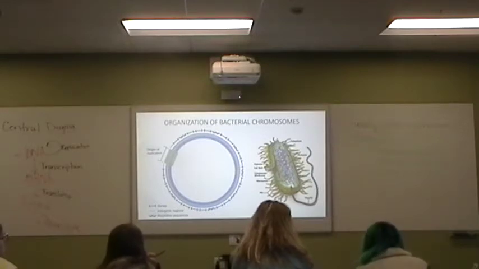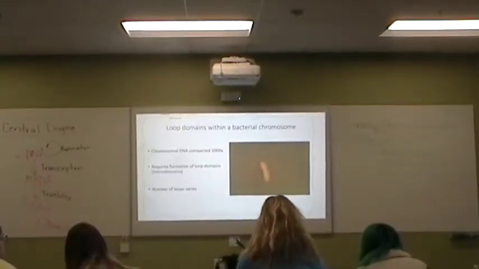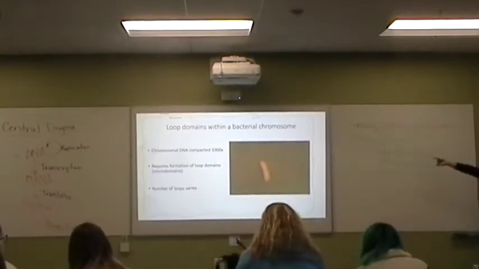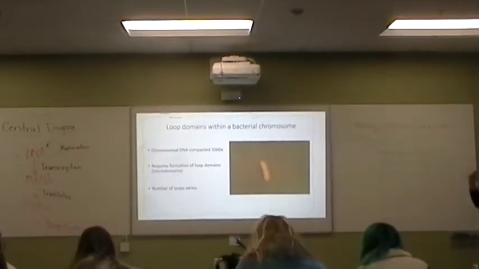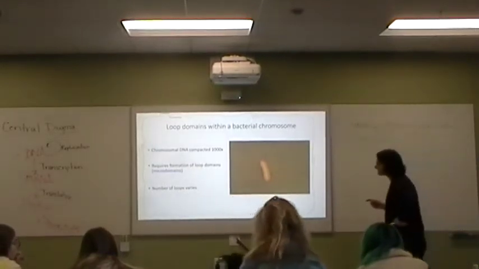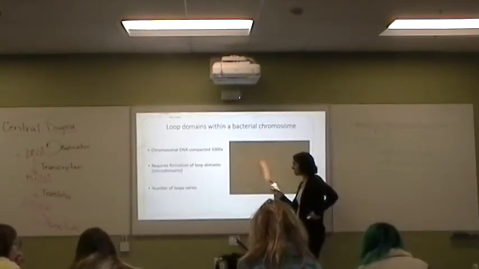Anyways. Even though we only have one chromosome in our bacterial friends, that chromosome still has to be packed down to fit inside of that cell. So here is a bacterial cell.